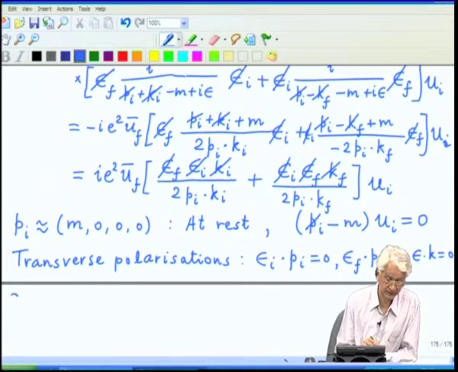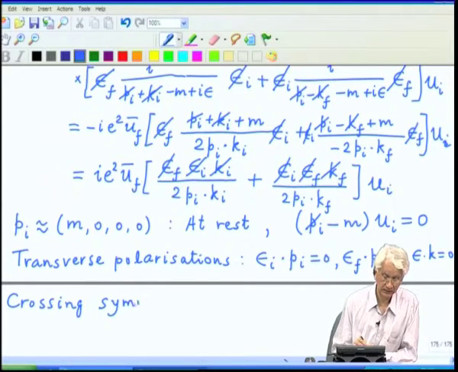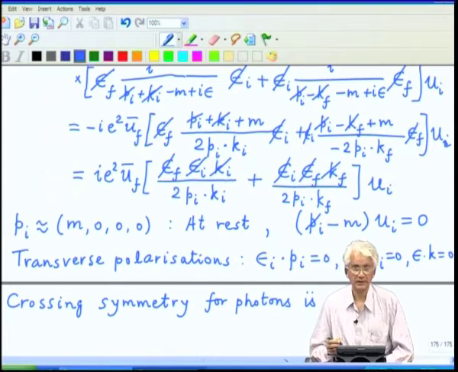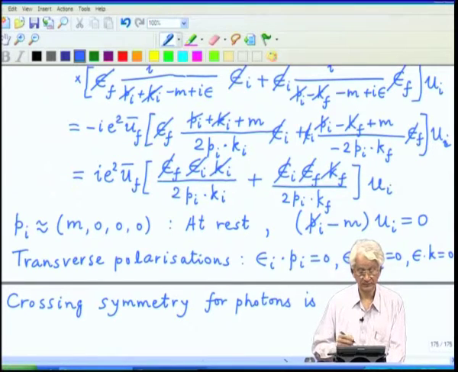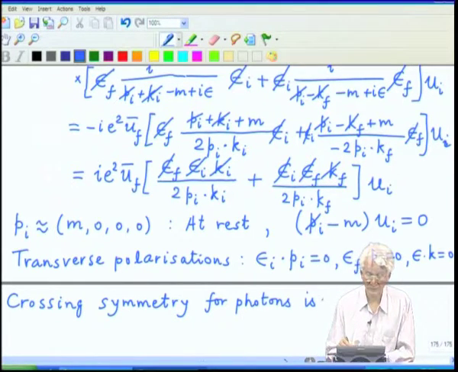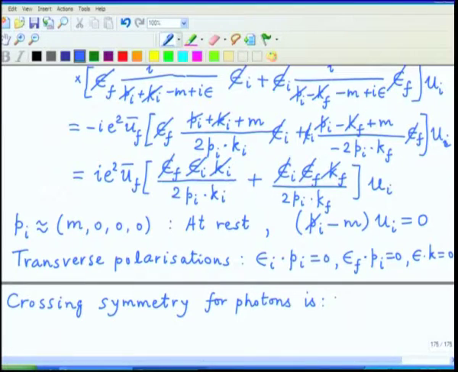It is something which I have earlier called a crossing symmetry, interchange of the two photons, where one of them is in the final state and the other one is in the initial state. And in particular for photons, it is its own antiparticle. There is no distinction between particle and antiparticle.